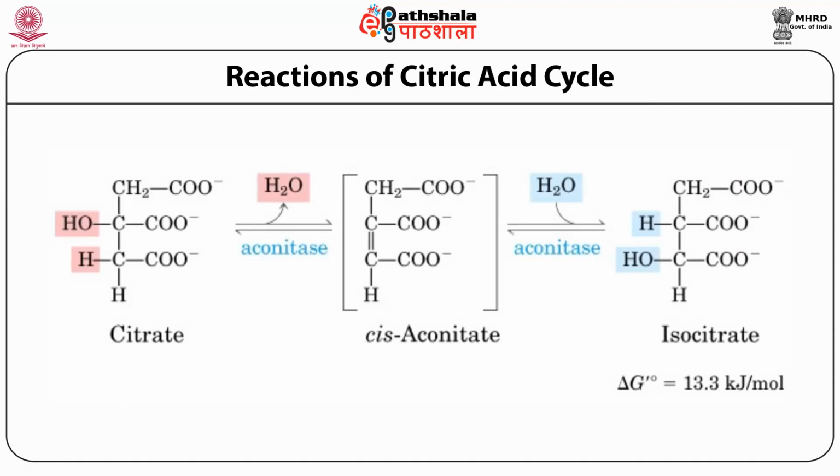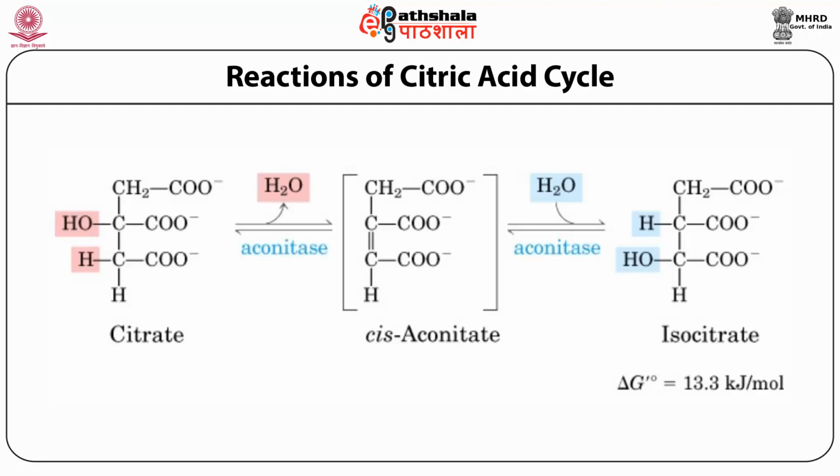Here the enzyme catalyzes the isomerization reaction by removing and then adding water to cis-aconitate at a different position. Isocitrate is consumed rapidly by the next step, thus driving the reaction in the forward direction.